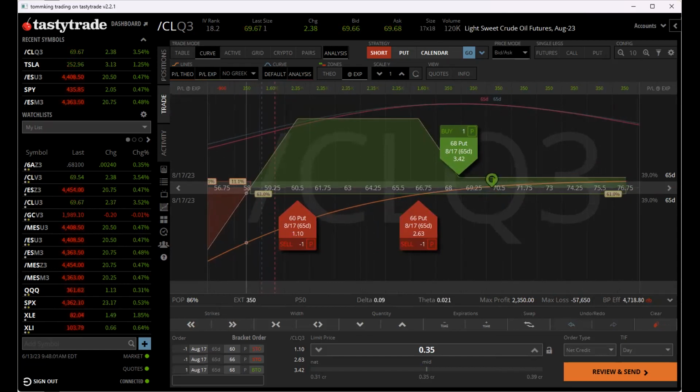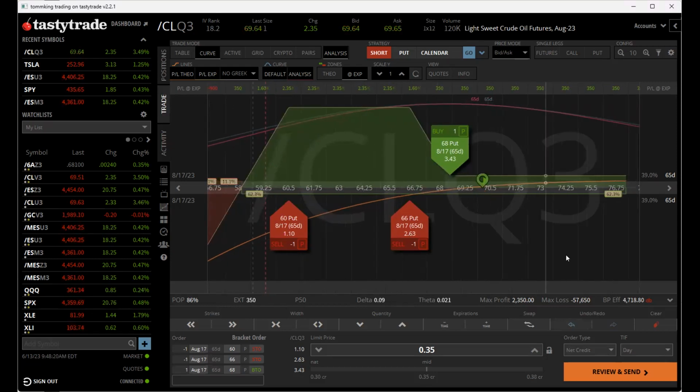So oil's been up and down, more down lately than anything else. Oil's been on a pretty good selling kick, and might be finding some support in here. But if you think oil could go lower into the 60s or all the way down to the upper 50s, 60 mark here, man, look at this opportunity.